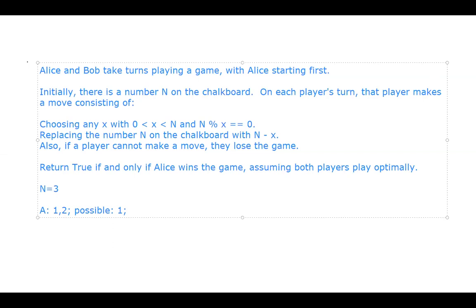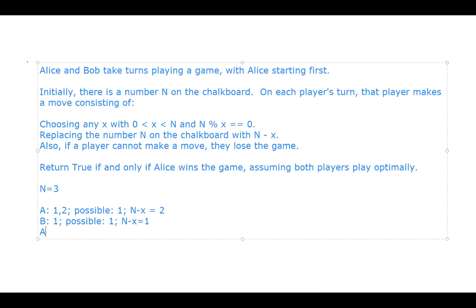When that move is made, the number that Alice passes to Bob is 2. For Bob, similarly, the only option is 1, and then Bob passes 1 to Alice.